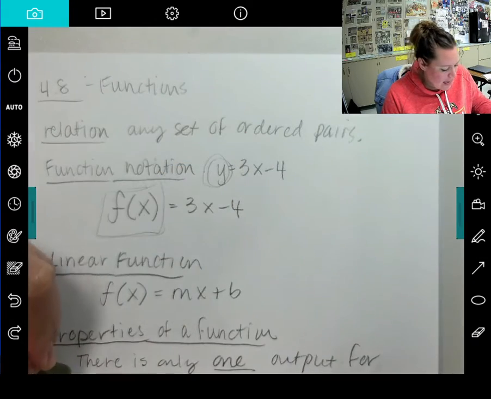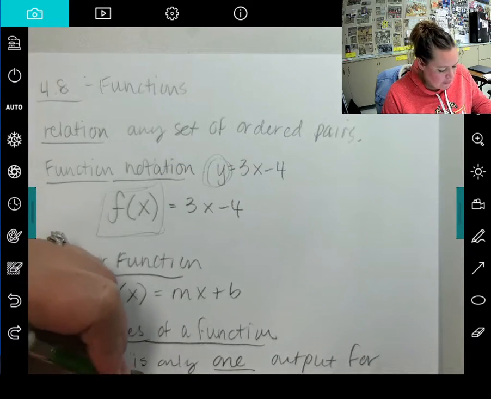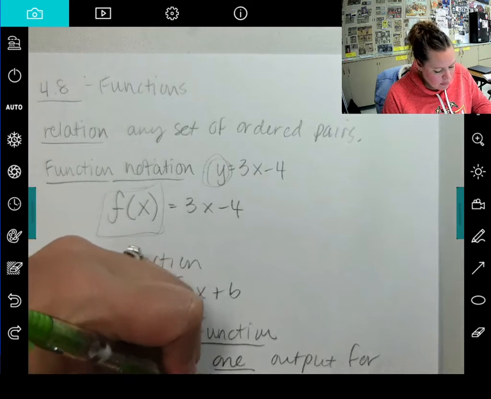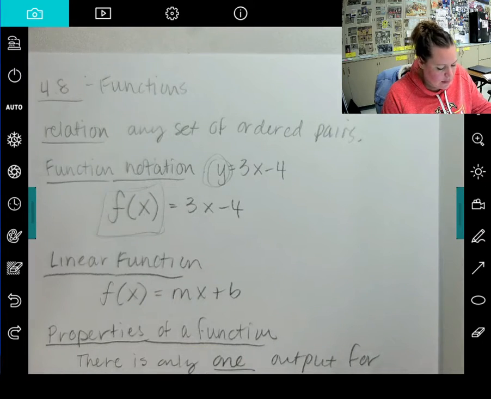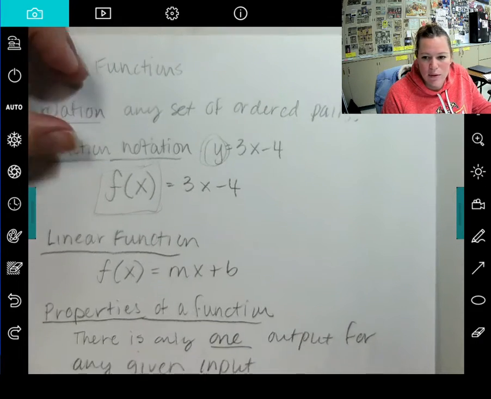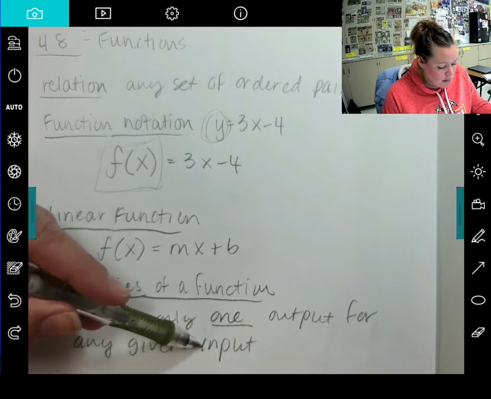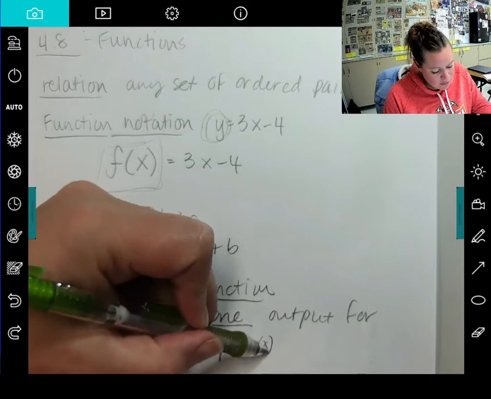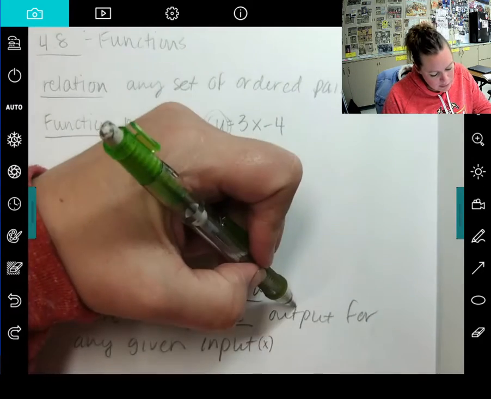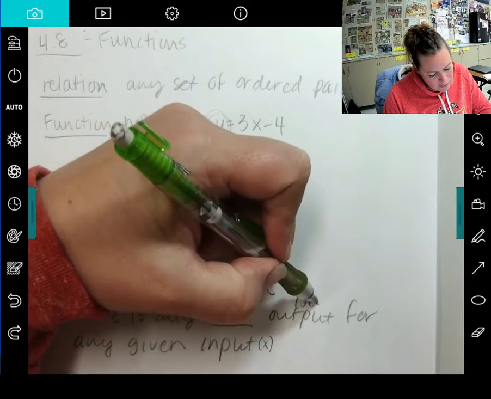The input would be our x values, whereas the output is our f of x values.